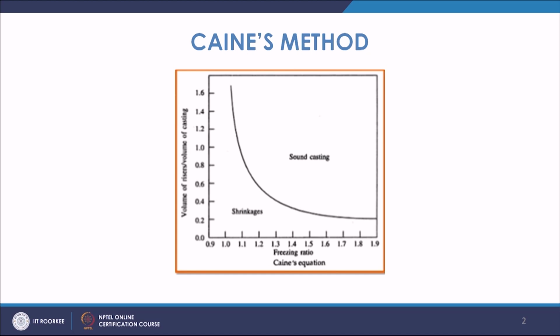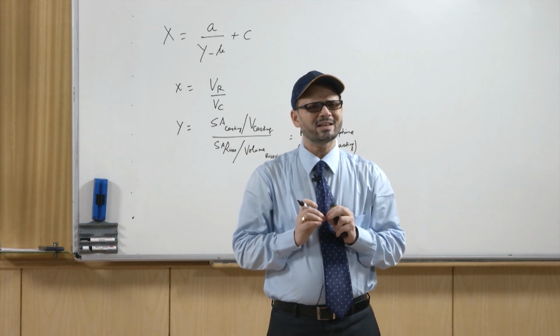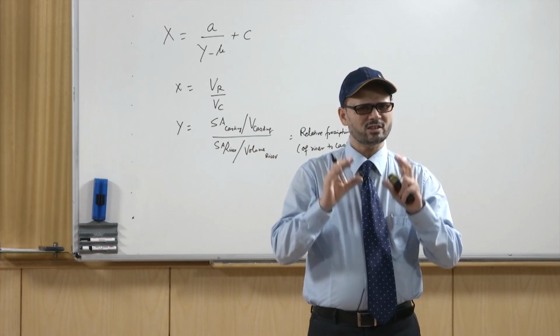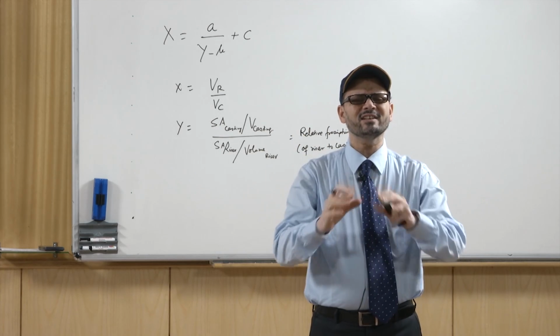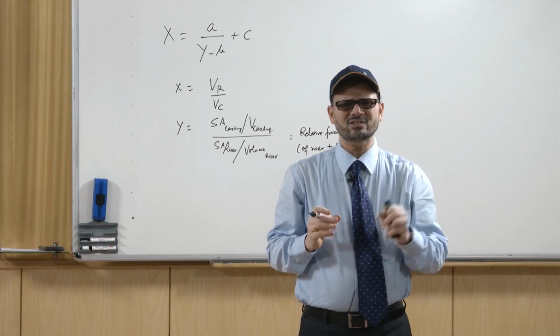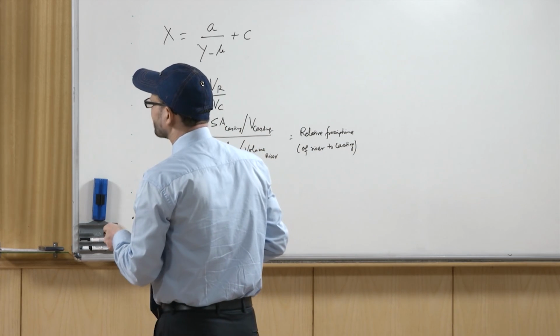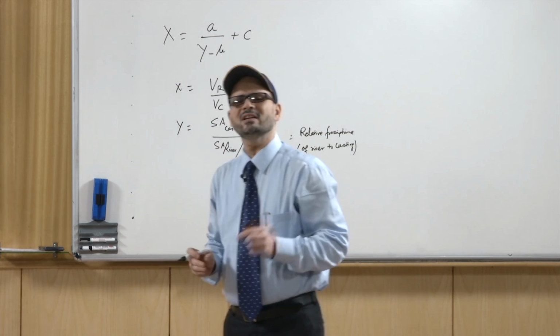If the riser has an adequate amount of liquid metal and is appropriately shaped, so that it solidifies in a larger time than the casting, then the risering requirement, the volume of riser to volume of casting, will be small.